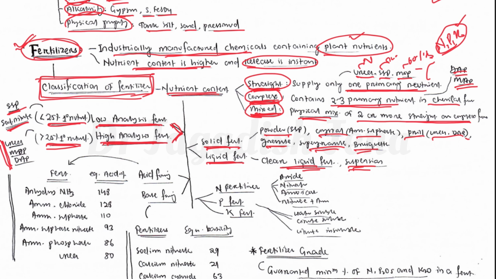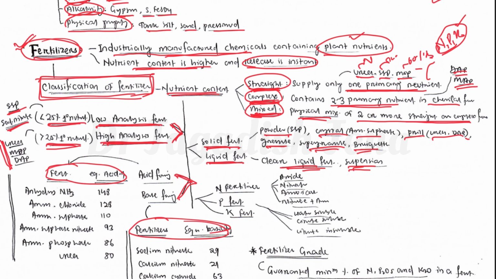Then next one is acid forming fertilizer and basic fertilizer. So this is also coming in exam, so you have to remember this. Equivalent acidity and equivalent basicity of different fertilizers. When we are applying nitrogen or nitrogenous fertilizer, we mostly take care of it because other forms of fertilizer like potassic and phosphatic fertilizer do not form any significant acidic residue or basic residue in the soil.